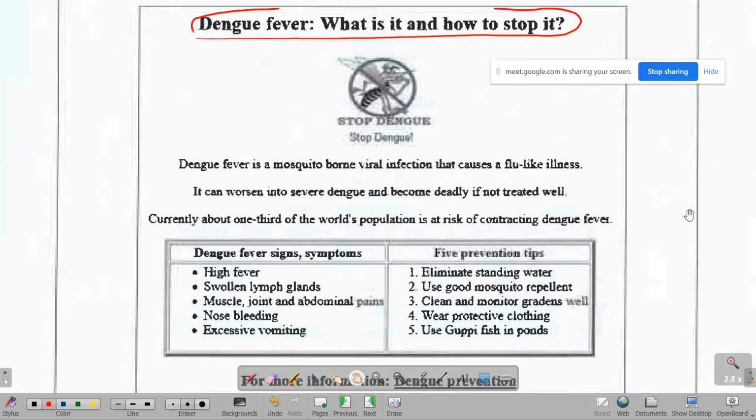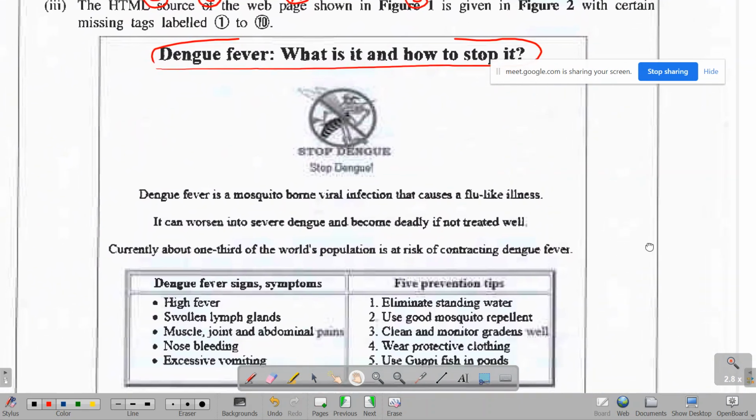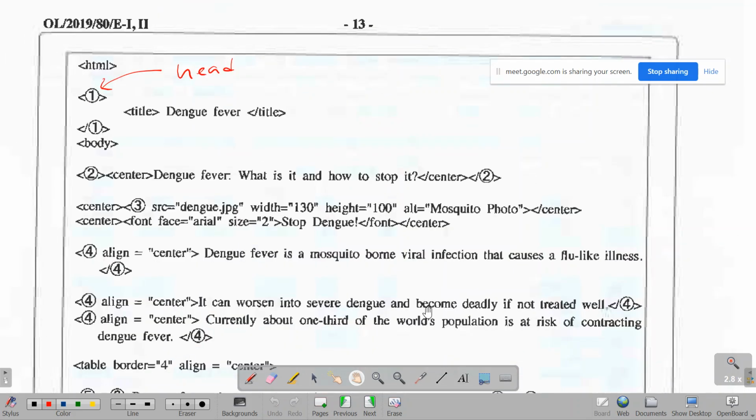Where's the list, it should be on the other side, right? No, I remember it was h3. So this is going to be h3.